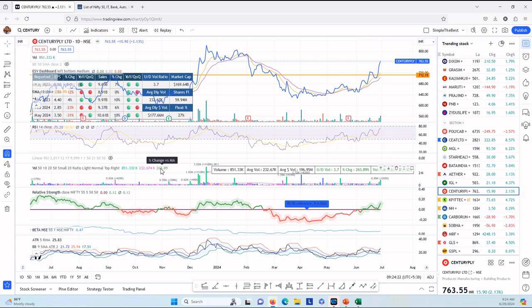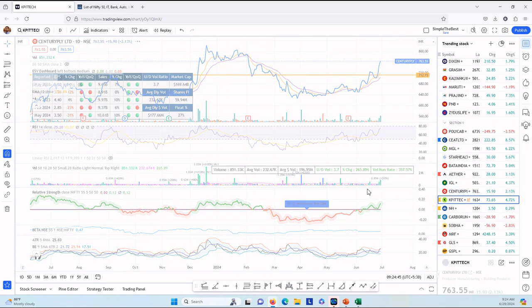So 3.3%, it's minus 31%. Oh my god, that's a very bad number. So if I go for short trading, I can prefer this stock, but if I go longer, like 3 months and 6 months, I cannot prefer this stock because the fundamentals don't support it.